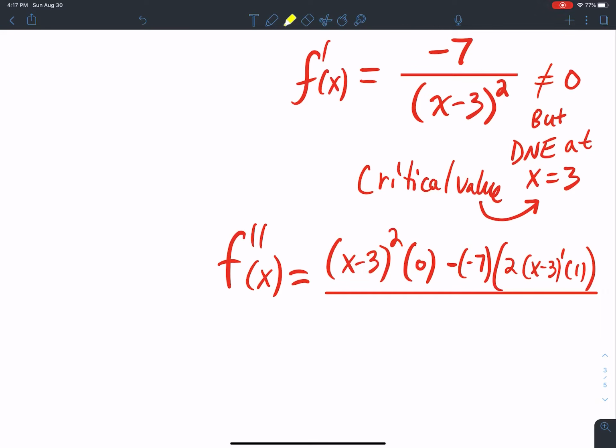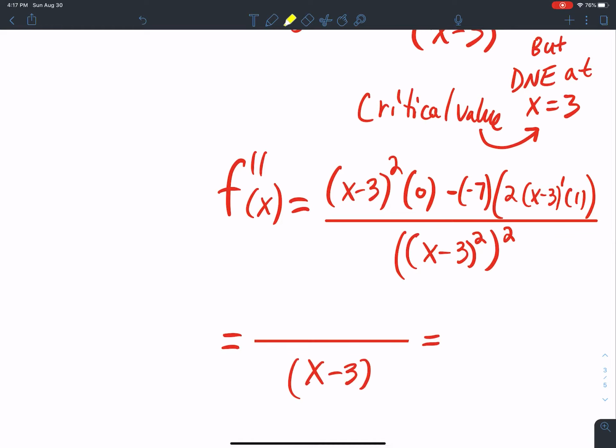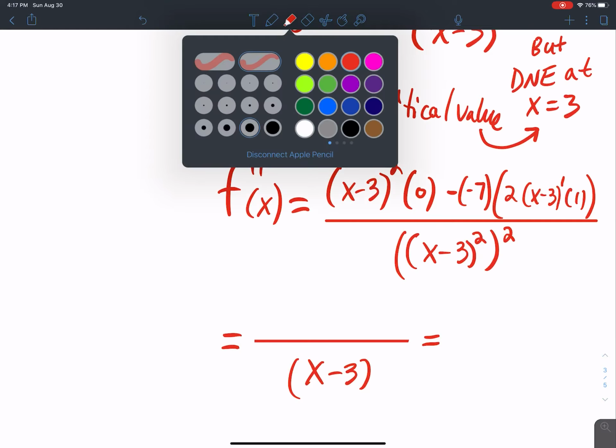And so now I've got a big old mess in the numerator. In the denominator, I take that and I just square it. Okay, so the numerator cleans up a little bit. How does this clean up? Well, this term goes away because when I multiply by 0, that's just going to cancel everything out.